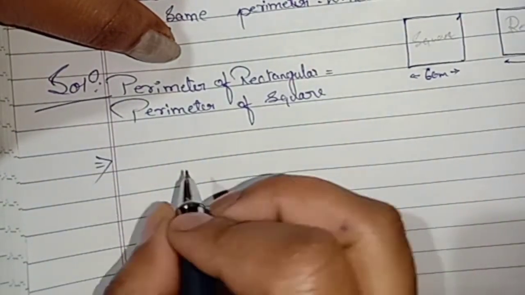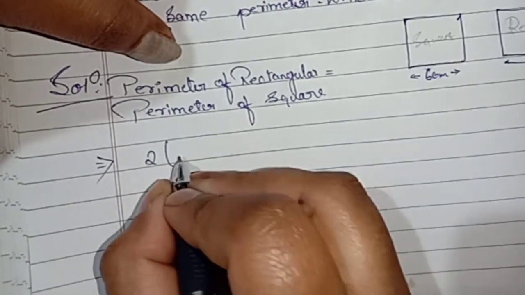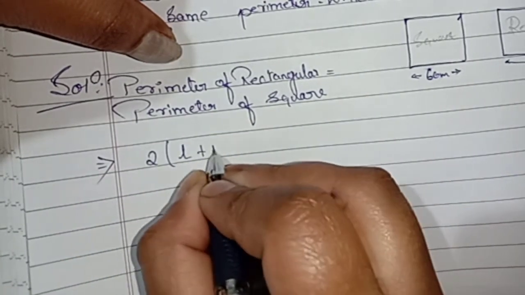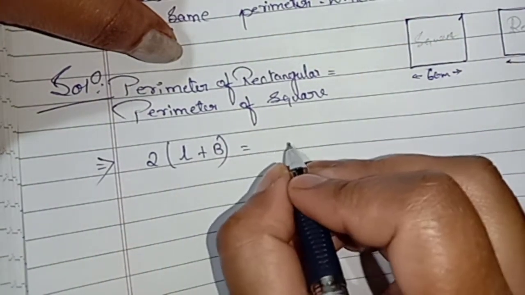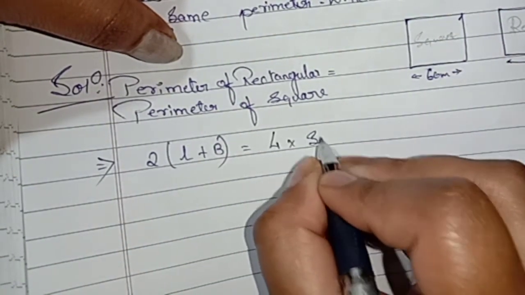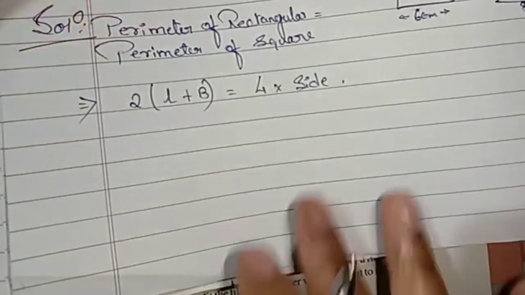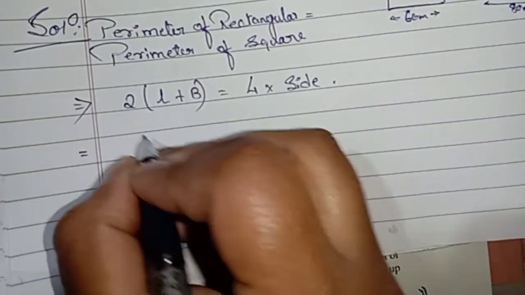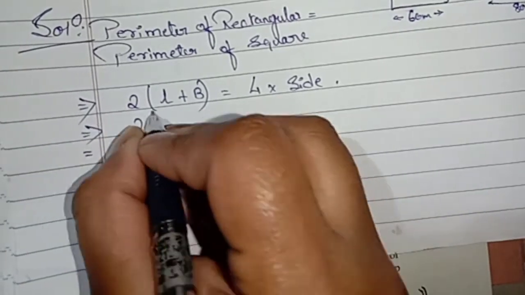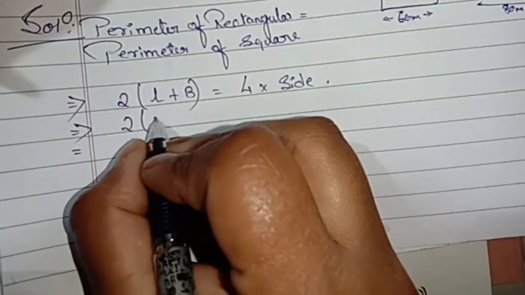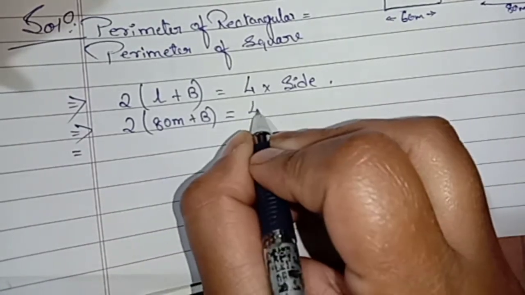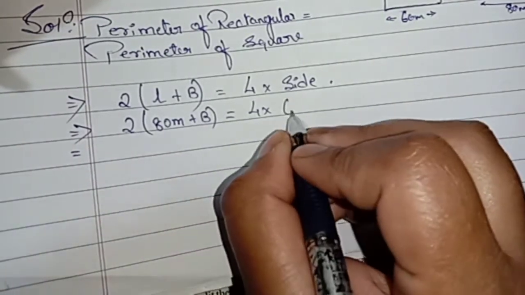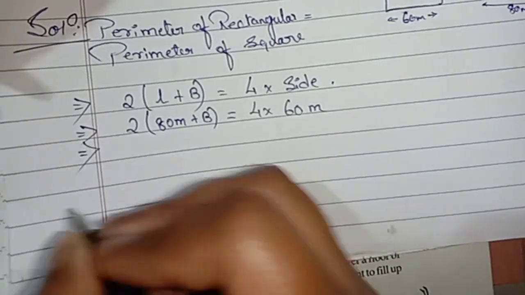The perimeter of a rectangle is 2 into (length plus breadth), equal to the perimeter of a square, which is 4 into side. So 2 into (length, which is given as 80 meter, plus breadth, which we have to find) equals 4 into side, which is given as 60 meter.